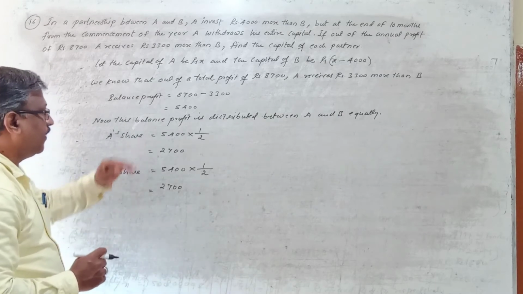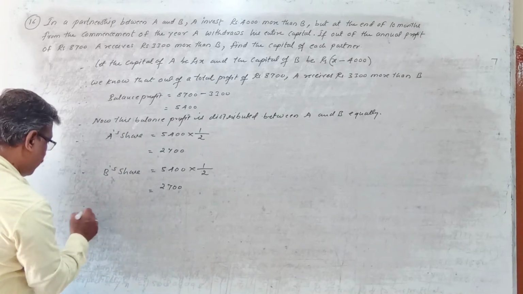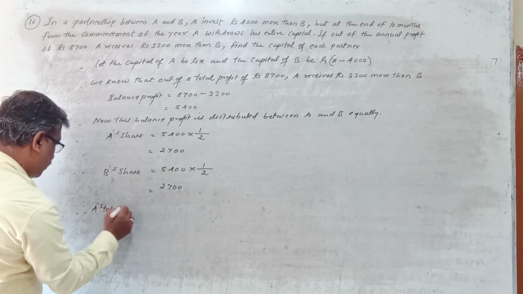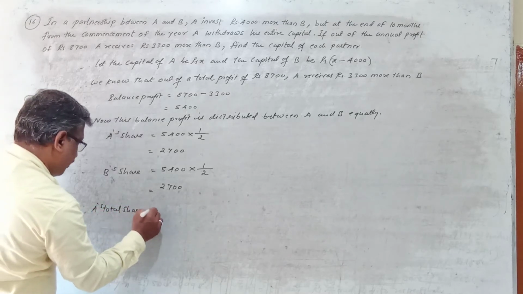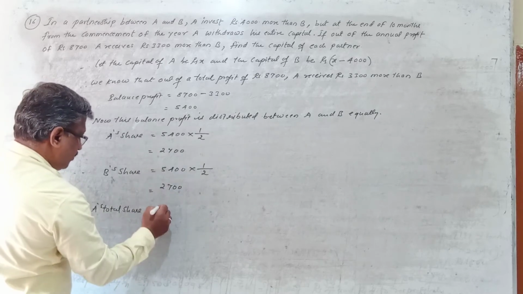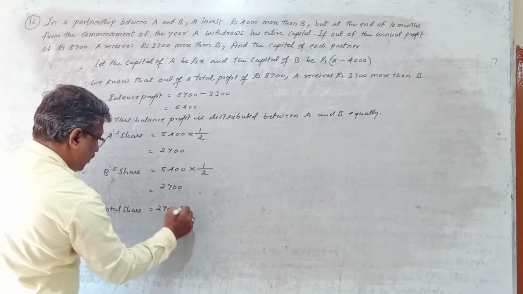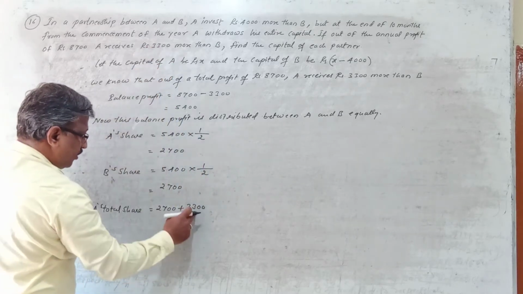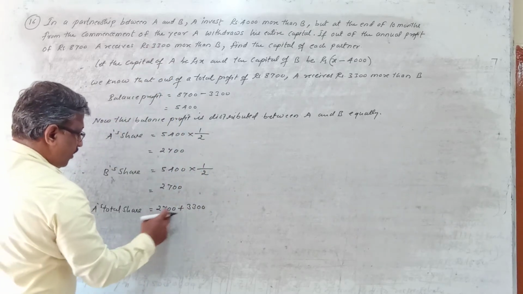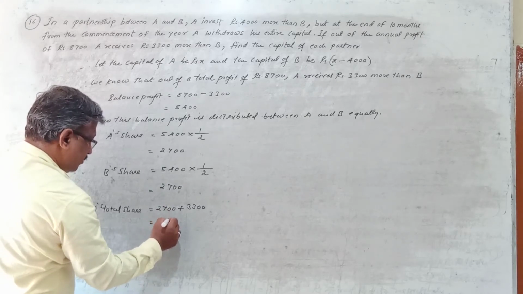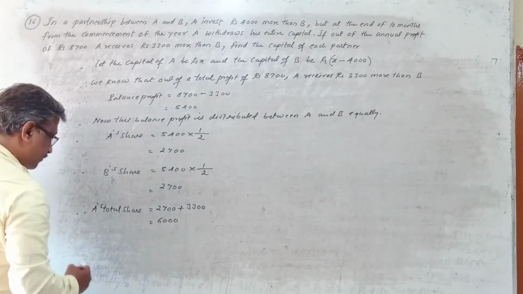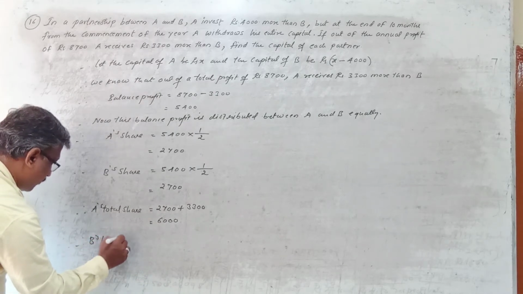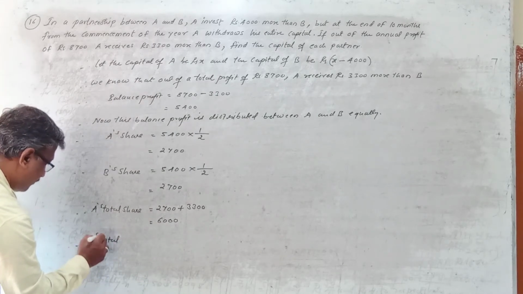Now you will find out the total share of A and B. So you calculate A's total share. A's total share is equal to this 2,700, and to this we have to add the excess share received by him, 3,300. Means in all he will get 6,000. Like that we find B's total share.